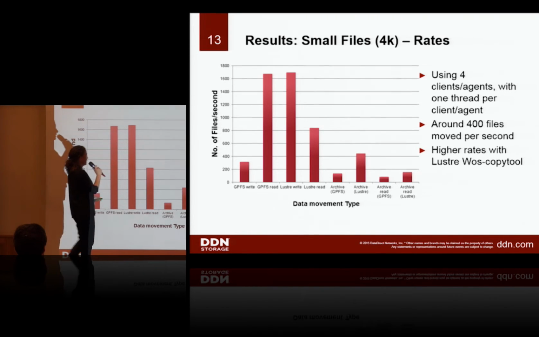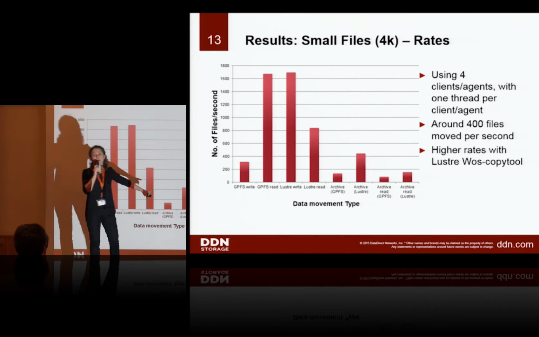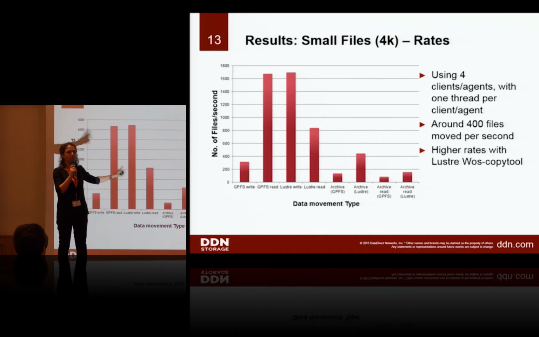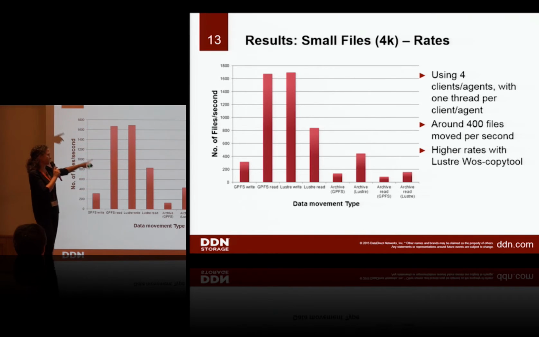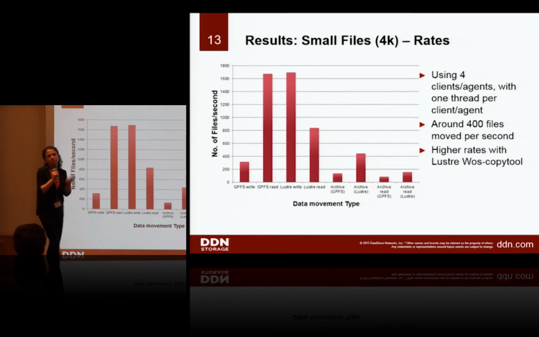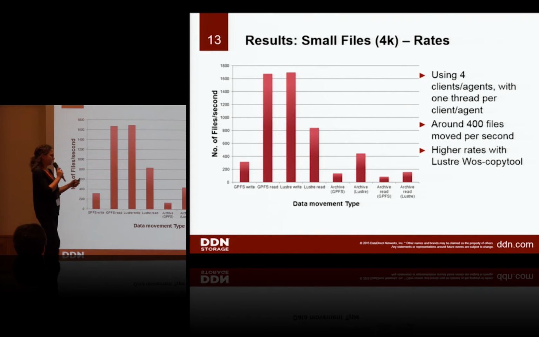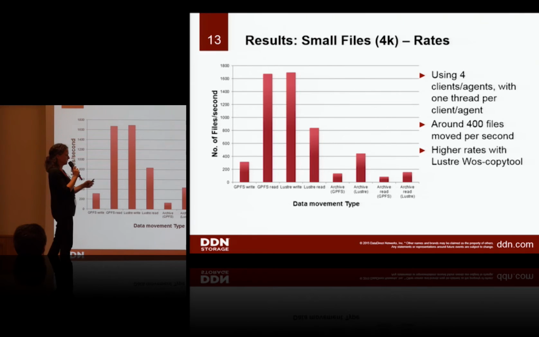We can see that archiving small files with this implementation for Lustre, we were already getting more than 400 files per second. That was higher than another implementation that is, so far, a bit more mature. And the reads are nice as well.